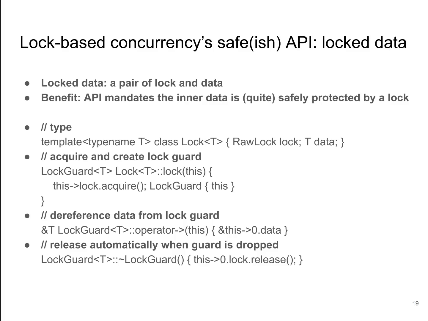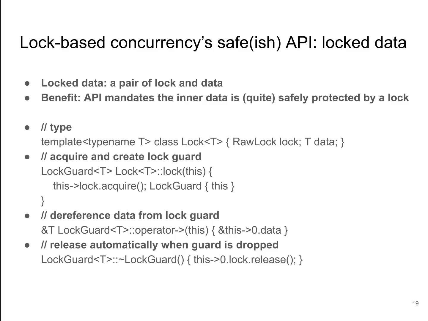Okay, the second idea is relating data and a lock. As I said, the benefit is that it is making explicit which data is protected by which lock. The type looks like this. The Lock type consists of two things: a raw lock, the type of the lock that has acquire and release functions, and the data type.